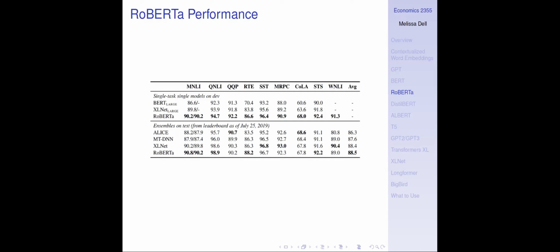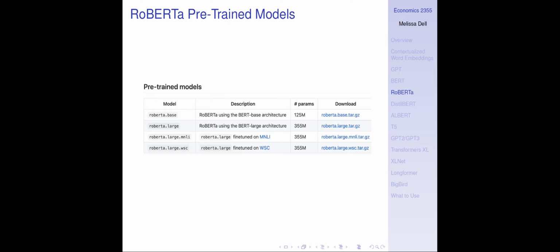If you go to their GitHub page from Facebook AI, like BERT, you have a base and a large. One has 125 million parameters and the other has 355 million parameters. Then you have two that have been fine-tuned to two of these benchmark data sets that they make available for download.